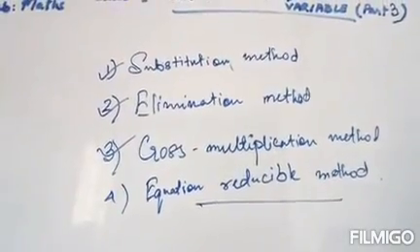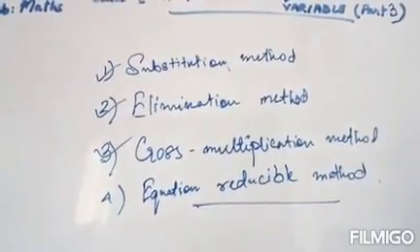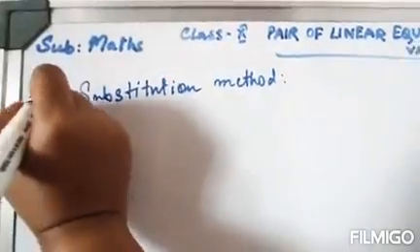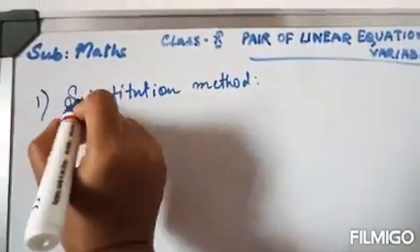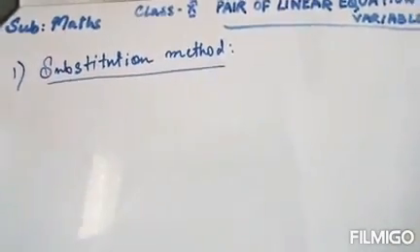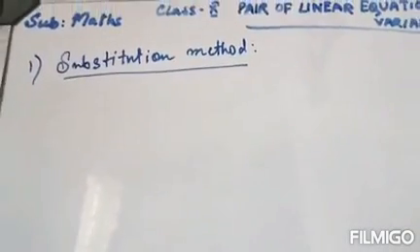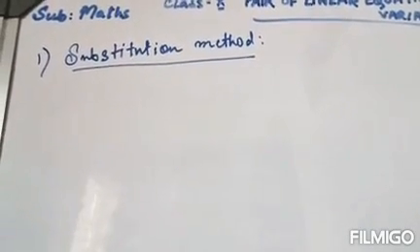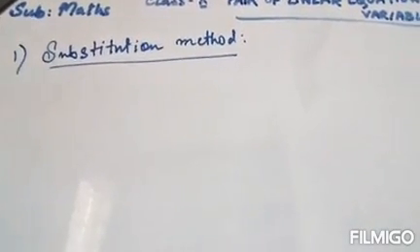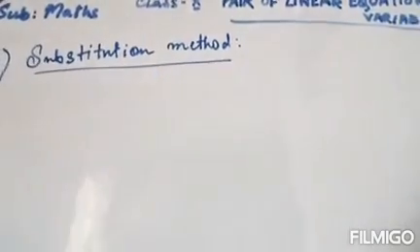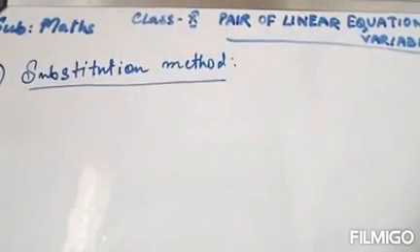So let's see how to do it. Beginning with the first method, the substitution method. From the name itself, what do you understand? Substitution means in place of one we will be putting the other one. So how can we use this for solving a pair of linear equations?